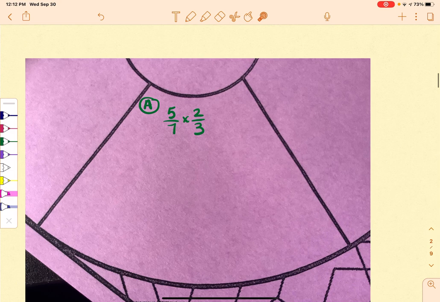So the first one that we're going to do is 5 over 7 times 2 over 3. First of all, you can tell that they are completely fractions, so I can go ahead and just multiply across. 5 times 2 is 10, and 7 times 3 is 21.